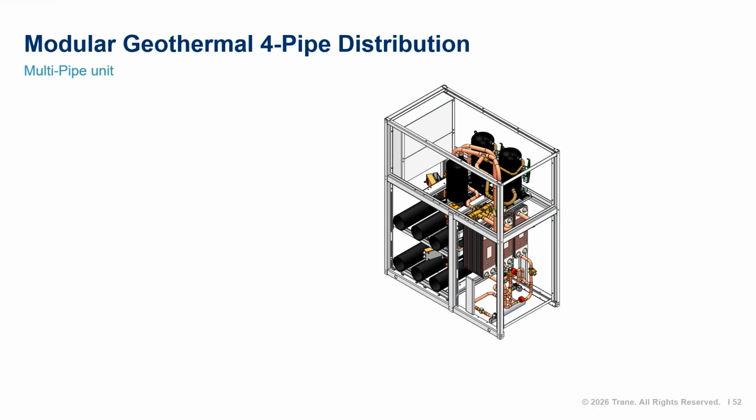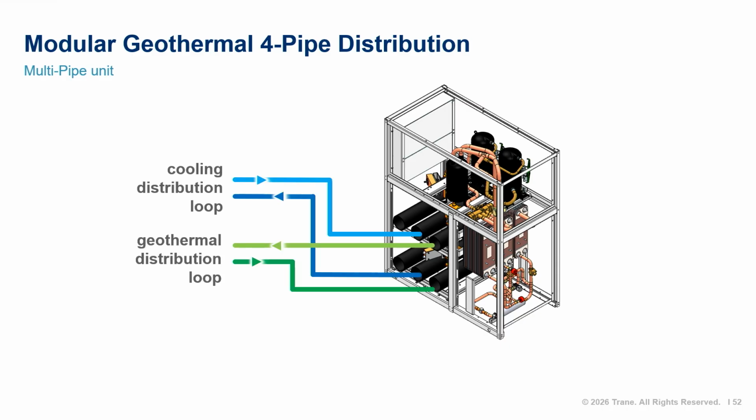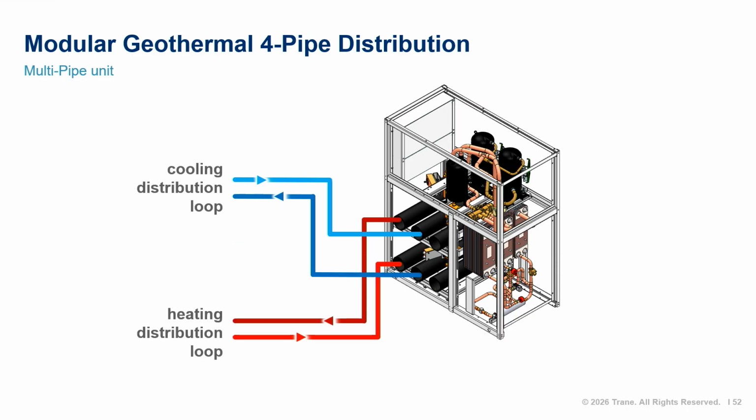The individual modules can operate in either cooling only, heating only, or simultaneous heating and cooling. When modules are coupled together, they will operate in simultaneous heating and cooling whenever a simultaneous load exists. After that, the additional modules are available in either heating or cooling dominant mode. Please see Trane.com for more product details.